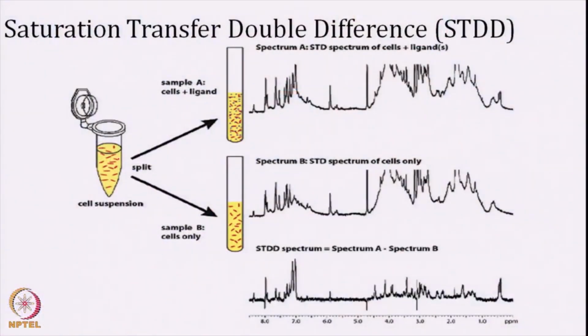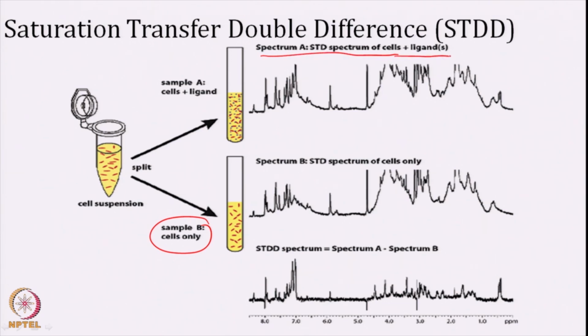So, here you can see this is solution, these are all cells, cell suspension. All these integral cells are there. We are splitting into two: a sample that has only cell, and a sample that has ligand as well as cell. Now, the same thing we are doing, the STD spectrum of cell and ligand.